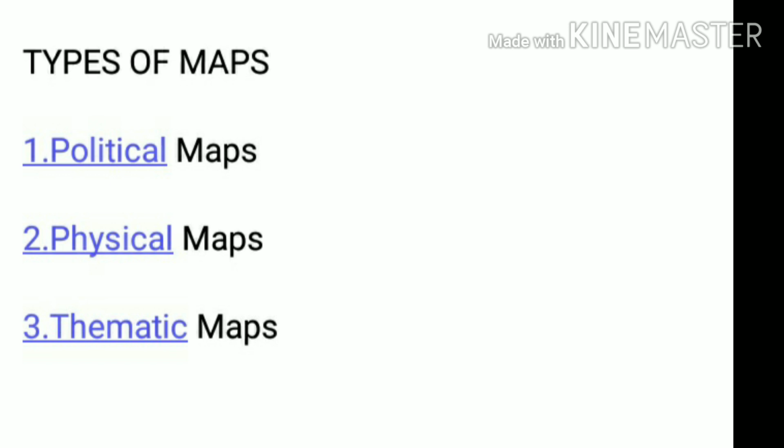Yes, there are two kinds of maps. They are mainly political maps and physical maps. What are political maps? Political maps are the maps which show countries, boundaries, states and capitals.